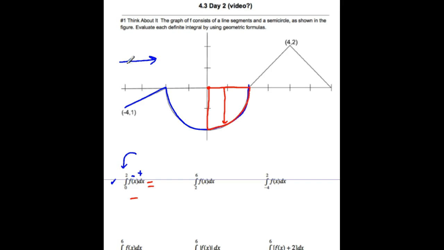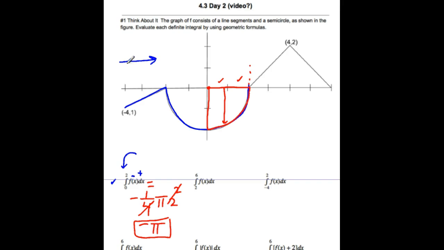So all I need to do is find 1/4 of the area of the circle. And the area of the circle is pi r squared, and my radius is 2. So I'm really just going to be doing -1/4 of pi times 4, which gives me negative pi. And that's the integral, and it's the signed area under the curve.